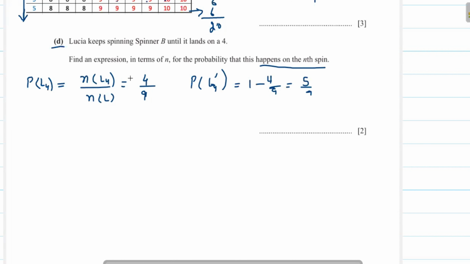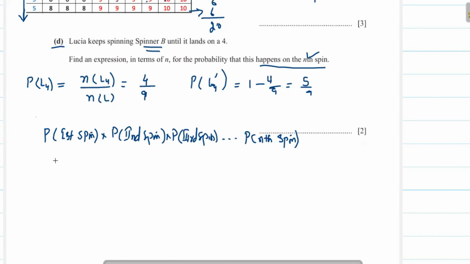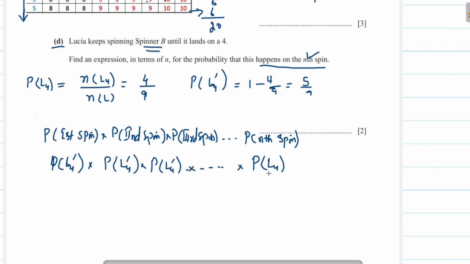Now, for the probability that this happens on the nth spin, we have the probability of the first spin not landing 4, multiplied by the probability of the second spin not landing 4, multiplied by the probability of the third spin also not landing 4, and so on, and the nth spin is the probability of L4.